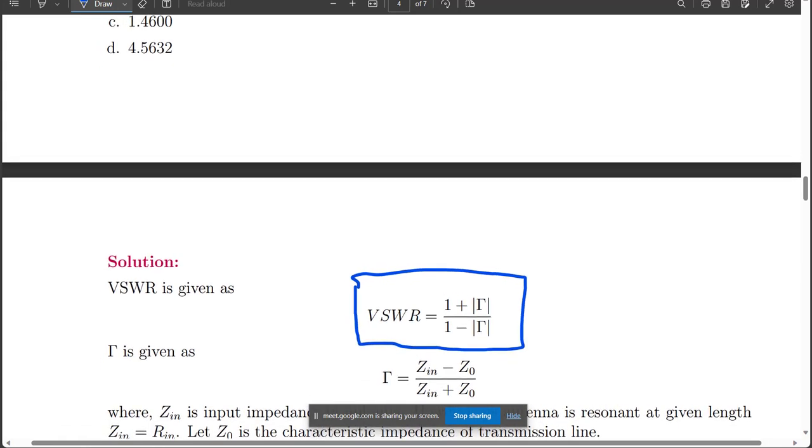Whereas the formula for reflection coefficient is Z in minus Z0 upon Z in plus Z0. Z in, the input impedance of the antenna, is 73 ohms, whereas Z0 is 50 ohms.